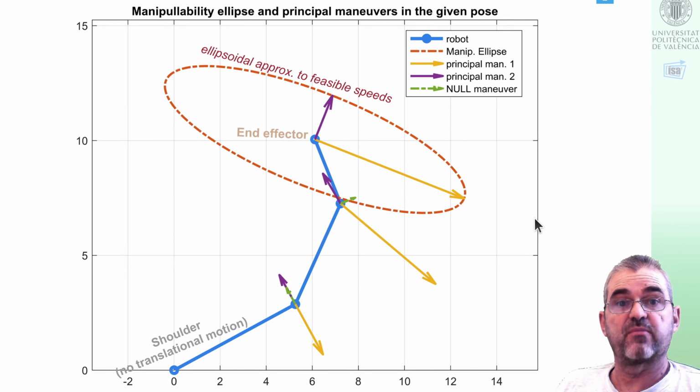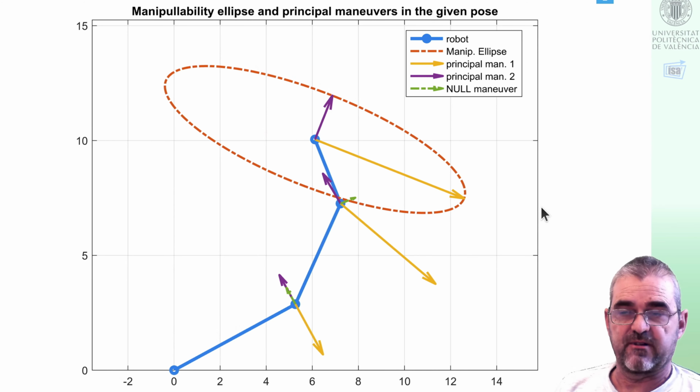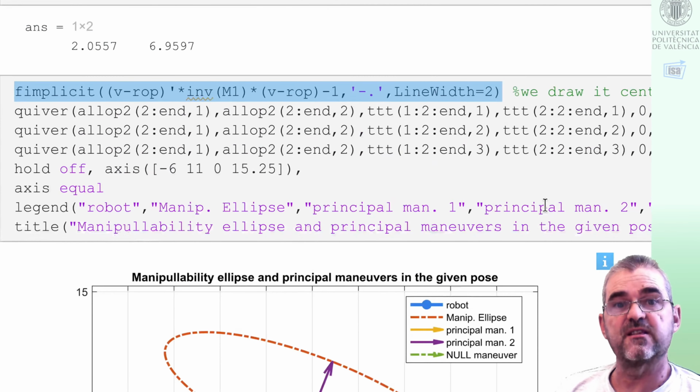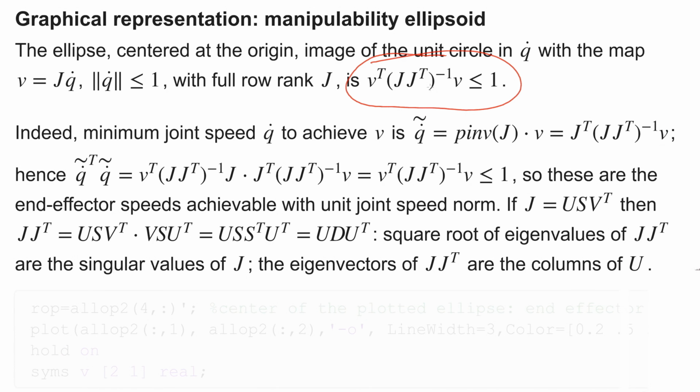And these arrows are the principal maneuvers. Let us recall the relationship with the SVD decomposition, because if in this expression I say that J has this singular value decomposition, then J transposed has this thing, and again V transposed V cancel out and give identity because V is an orthogonal matrix, so we get this U S S transposed U transposed, and S transposed is just the diagonal matrix.